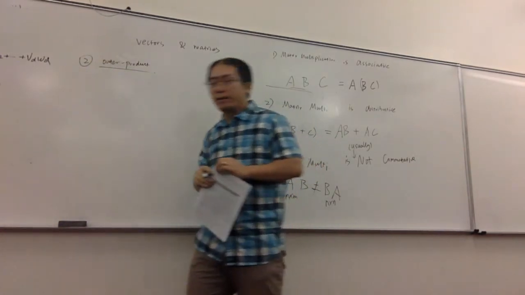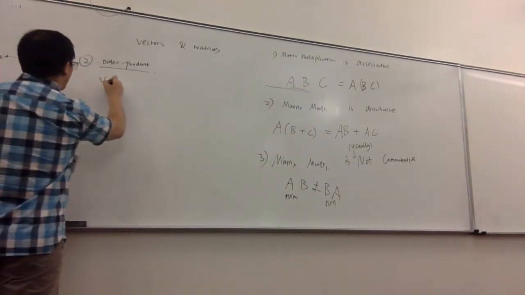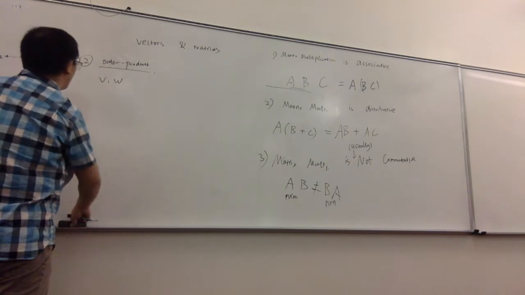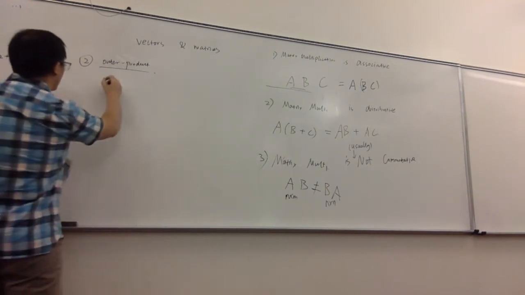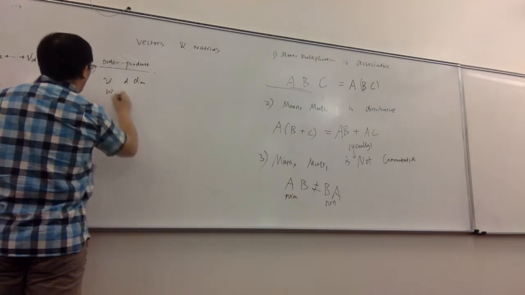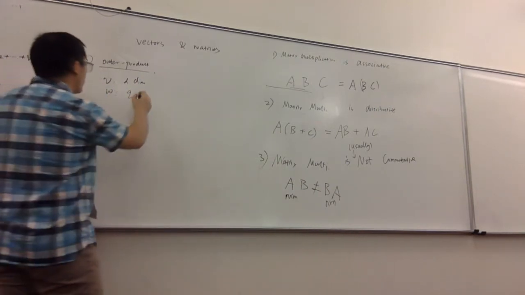So in the outer product, first, we don't require the two vectors V and W to have the same dimensions. So V can be D dimensional, and W could be arbitrary other dimensional, like Q dimensional.